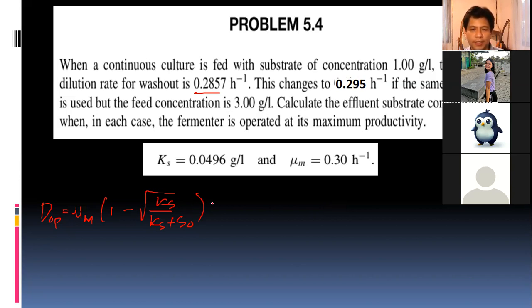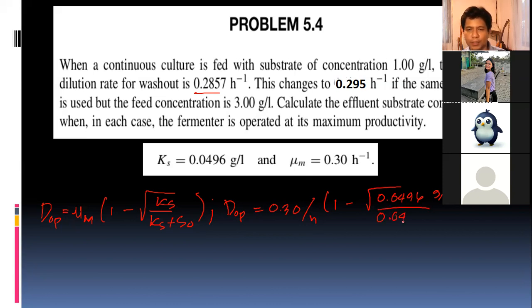Okay, so let's substitute the values. So now, let's calculate the optimum. So mu m is 0.30 per hour. Tapos 1 minus square root of K sub S over K sub S, where K sub S is 0.0496 grams per liter, tapos another 0.0496, plus S sub O. Ang S sub O natin ito, yung 1 gram per liter.